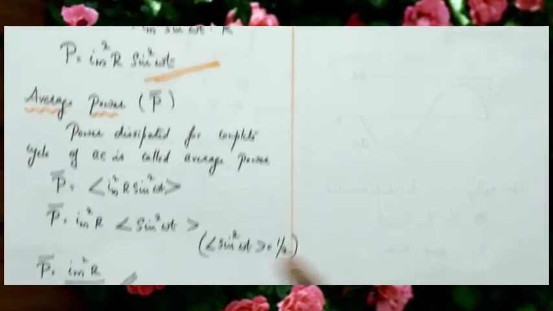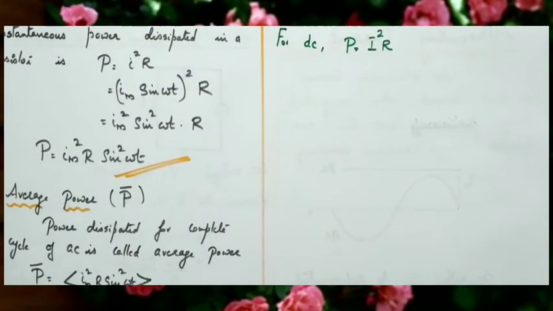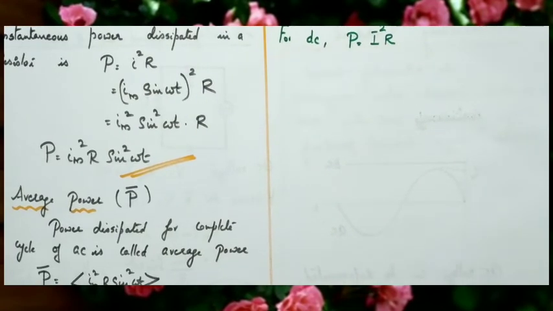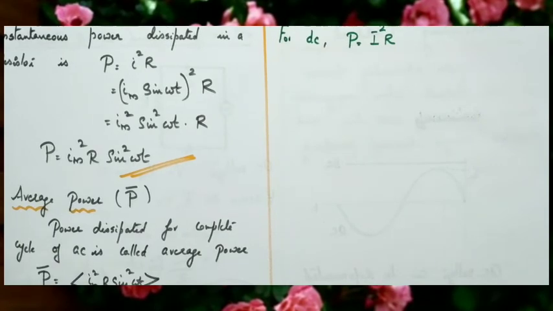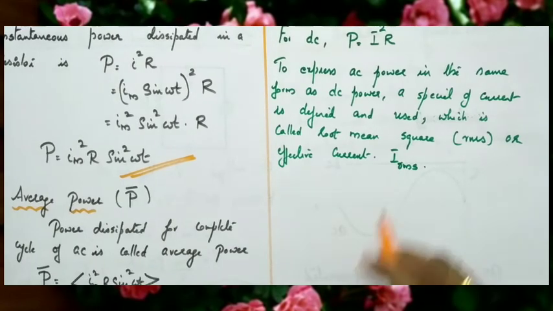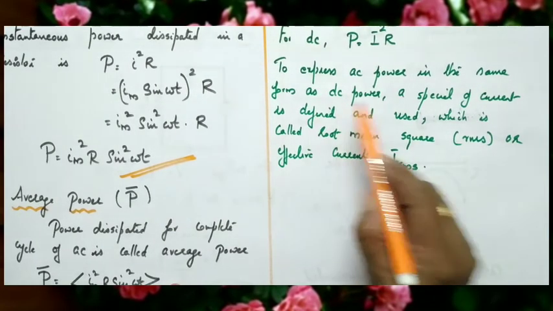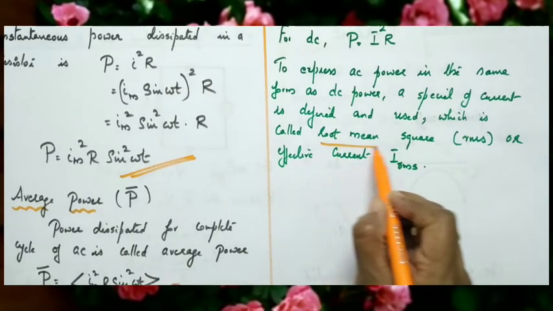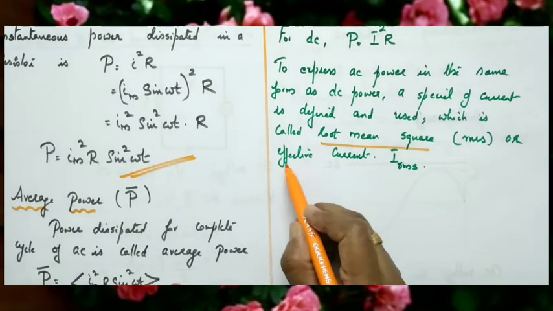So a special value of current and a special value of voltage are defined and used, and that value is called effective current or RMS current, that is, root mean square current.